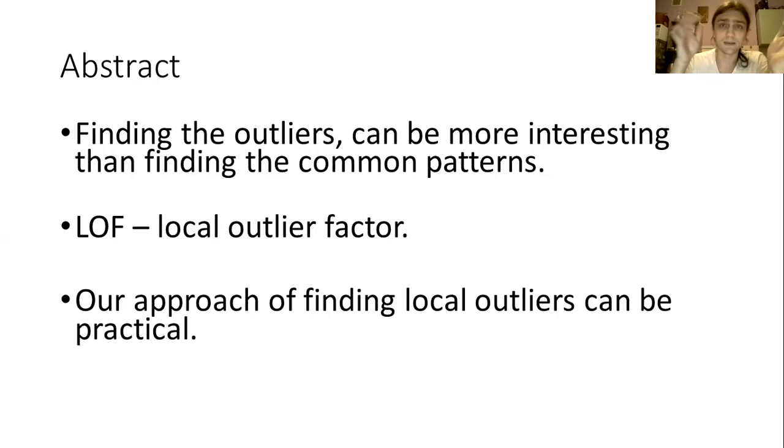Earlier works in outlier detection had regarded being an outlier as a binary property. In this paper, the authors presented a new method to assign each object a degree of being an outlier. This degree is called the local outlier factor, LOF.